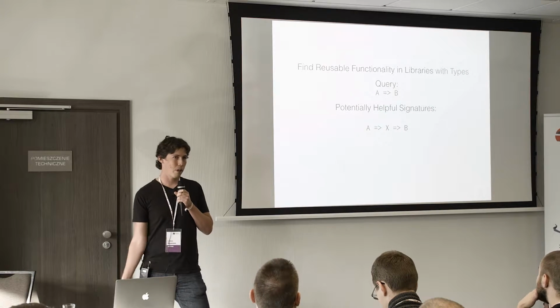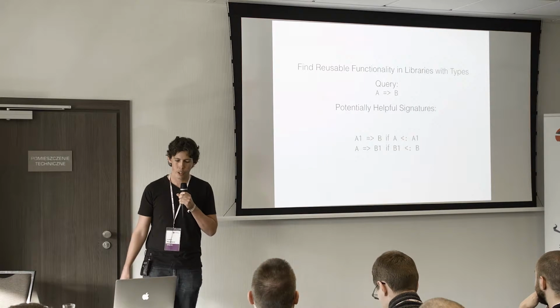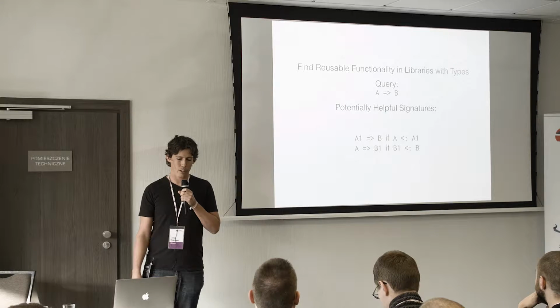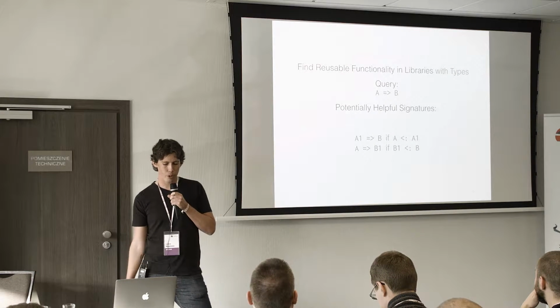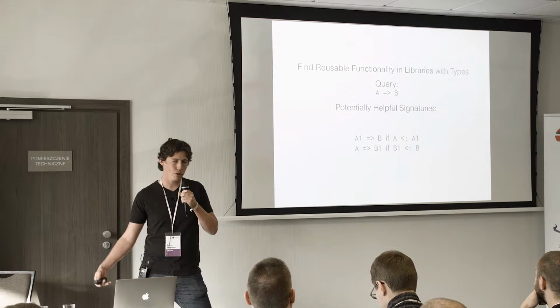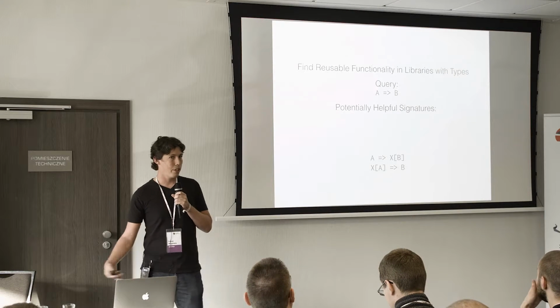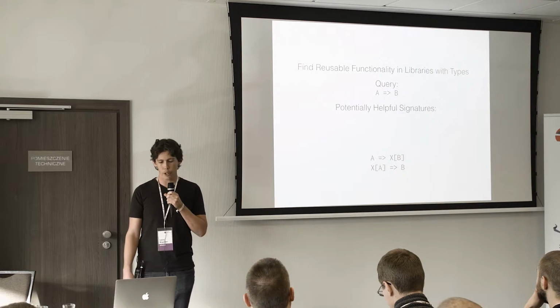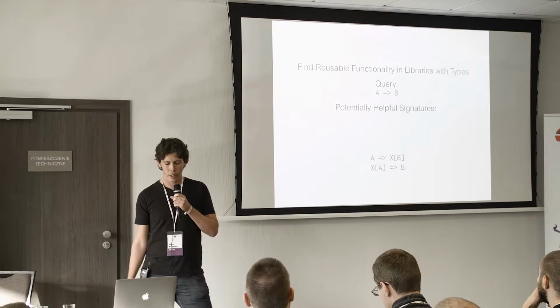But you also may be interested in an implementation that needs an additional argument that accepts a supertype of A, or it returns a subtype of B, would also be acceptable. Maybe it returns the B in some computational context, like an option of B. It takes the A in some context.